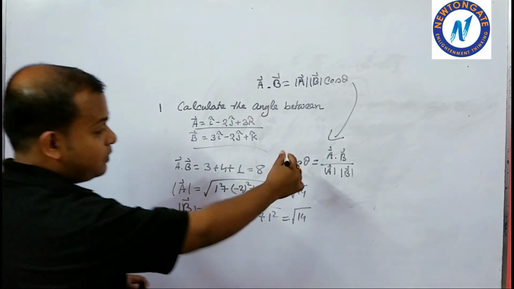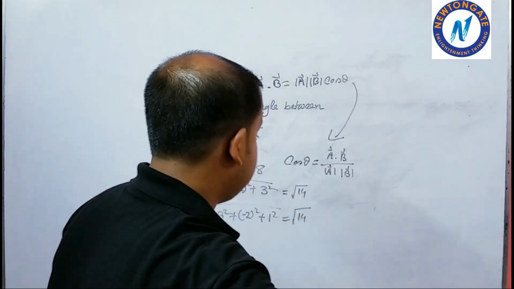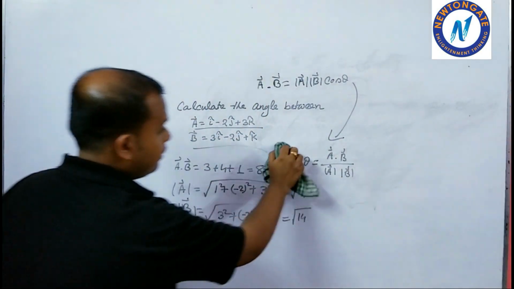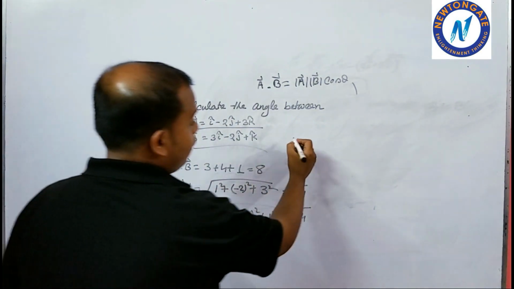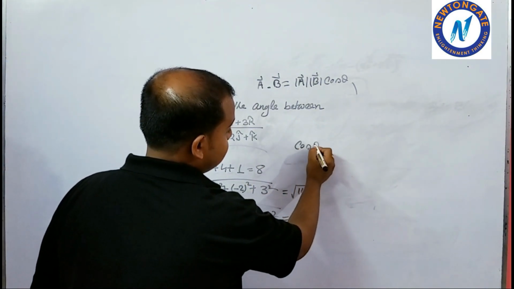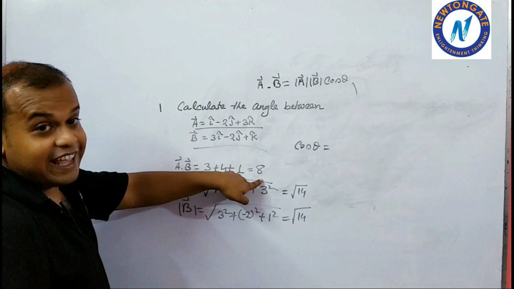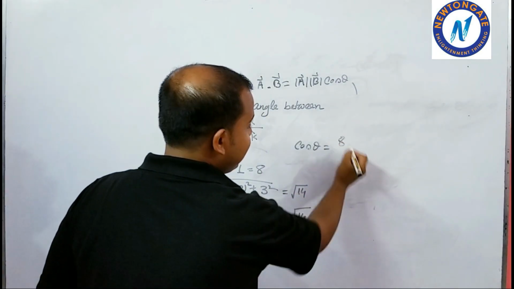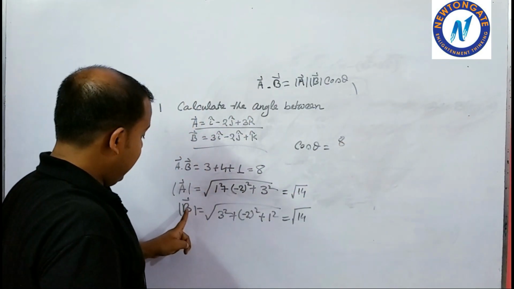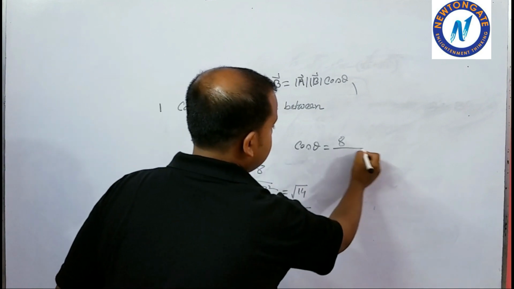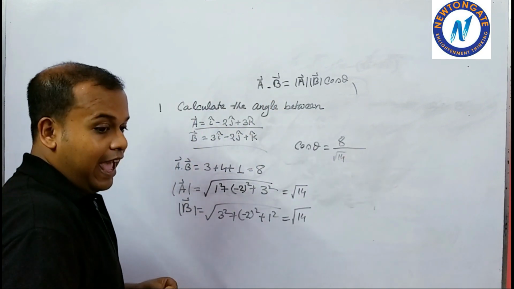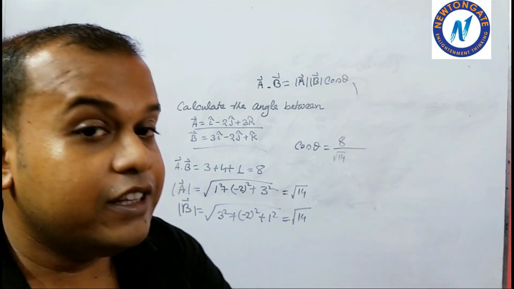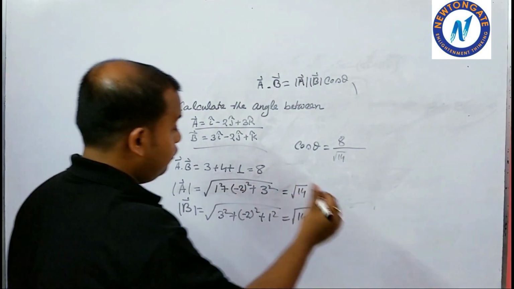So our expression for cos theta will be something like this. A dot B is 8, so I am writing it as 8, and this is root over 14 for one, and for the other also we have root over 14.